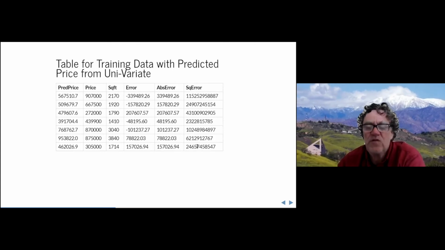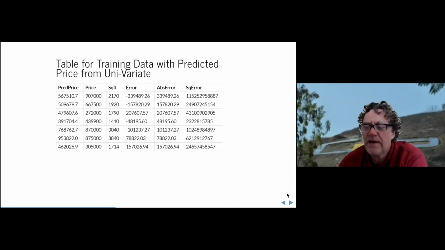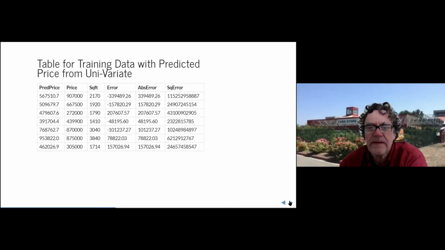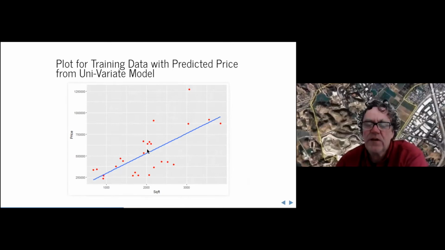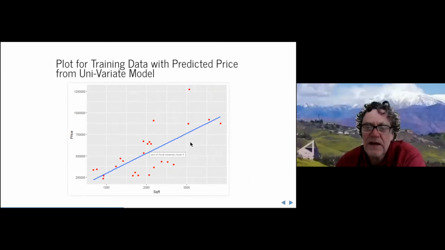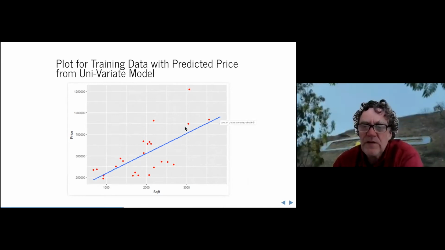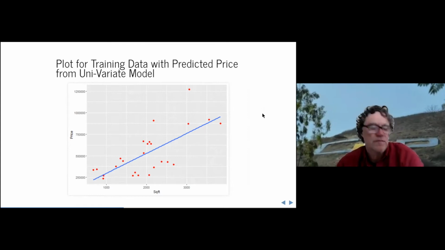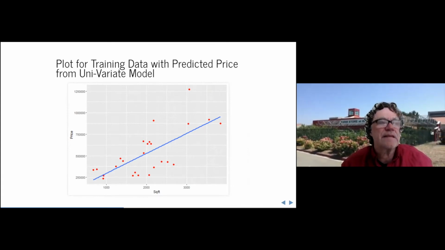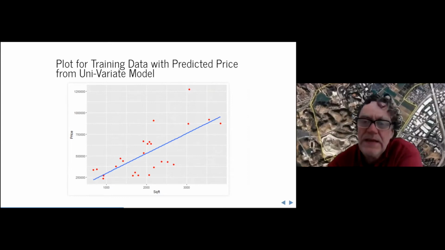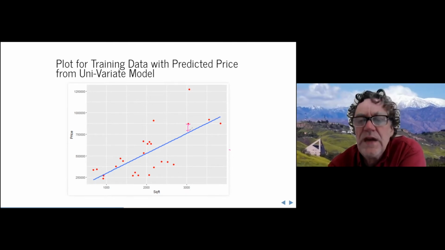So we can do an estimate, and we can calculate the quality of our estimate. Here's a graphical presentation. The red dots are our data, and the blue line is our estimate. You can see the distance here. For example, this distance shows me I made a small error.